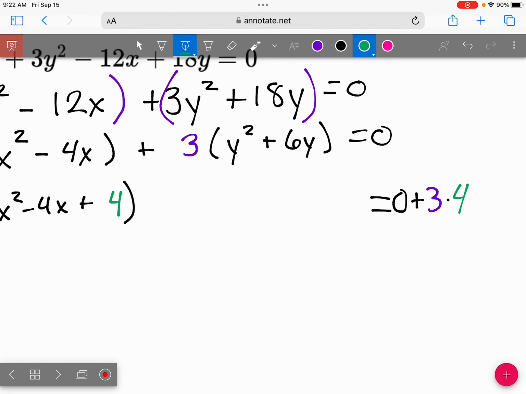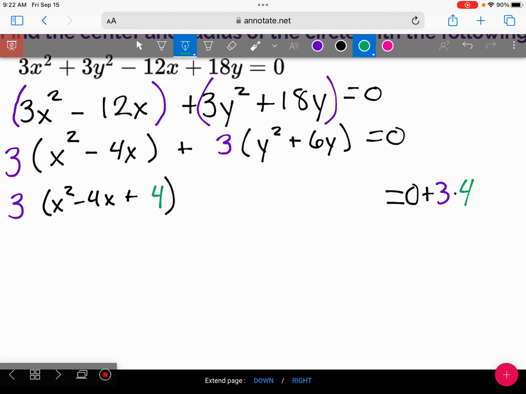Why did you add the 4 in the first place? So that we can put this as x minus 2 quantity squared. We're making this a perfect square trinomial. Why did you do the 3? Because this 3 out front is still there. We added 4 inside here, but there's 3 of these.